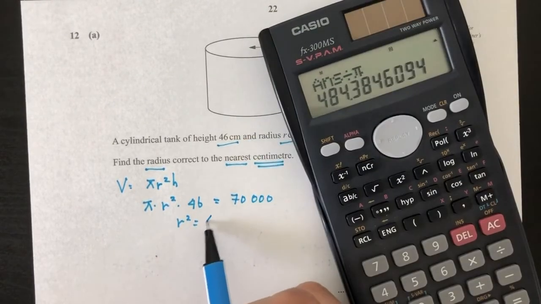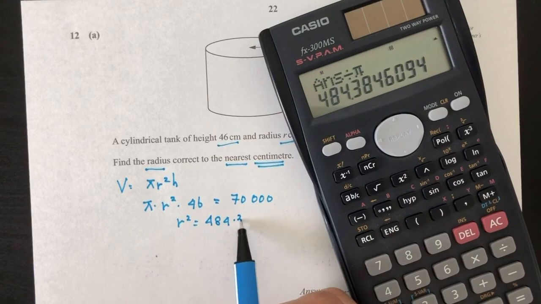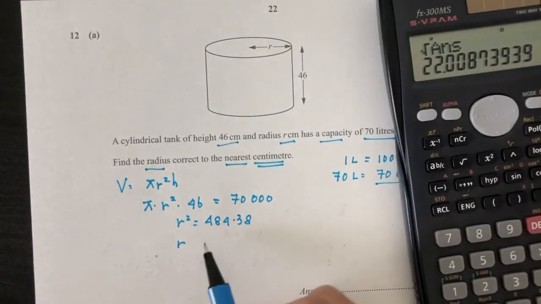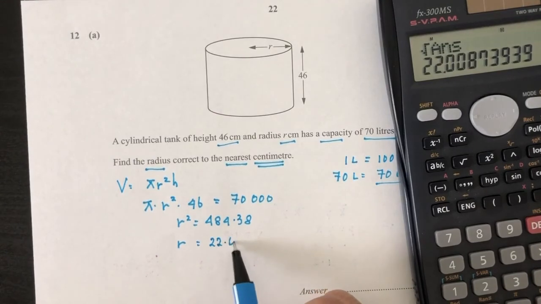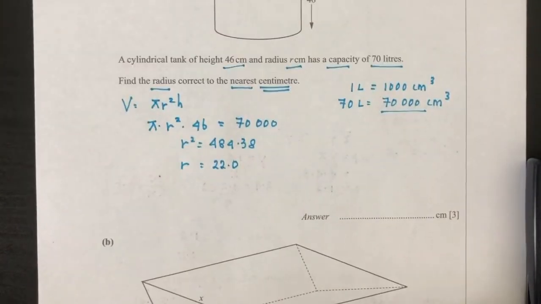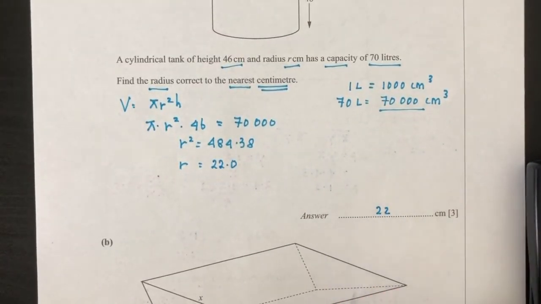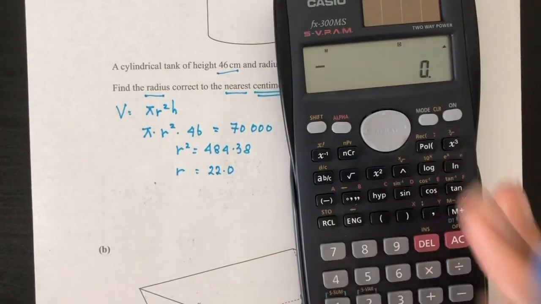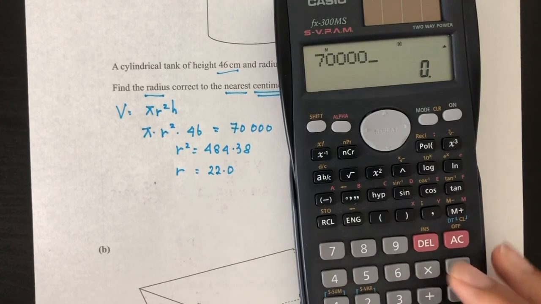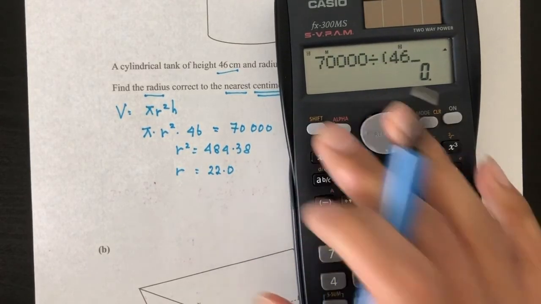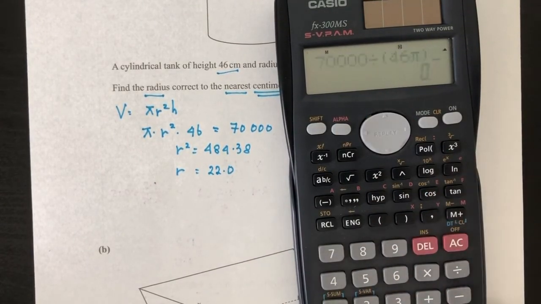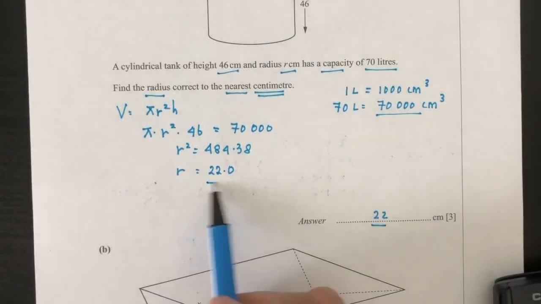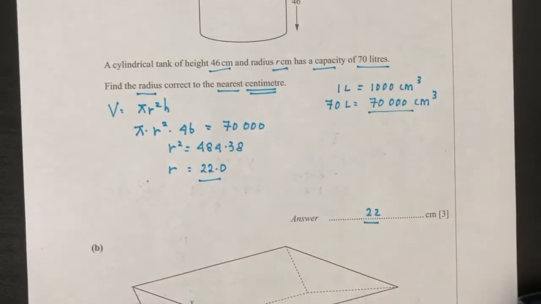That will be 484.38. The value of r will be 22.0. So this will be the radius of the cylinder. Let's double check because sometimes I can make mistakes. 70,000 divided by 46 pi, and then square root, that will be 22 centimeters for the radius correct to the nearest centimeter.